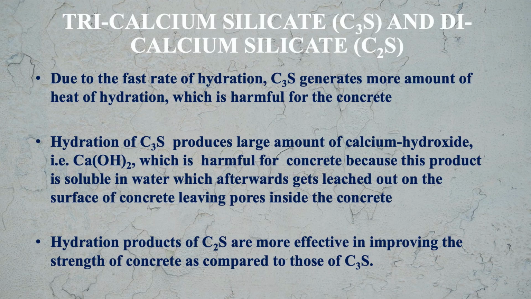When this calcium hydroxide finally leaches out, it leaves pores behind in the concrete. So that way it is detrimental. Hydration products of C2S are more effective in improving the strength of concrete as compared to those of C3S.